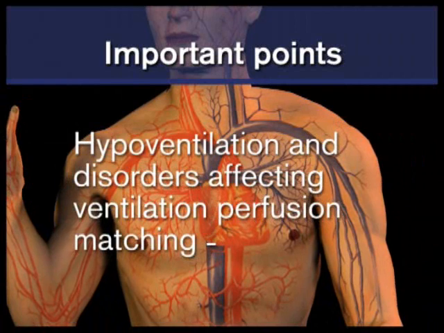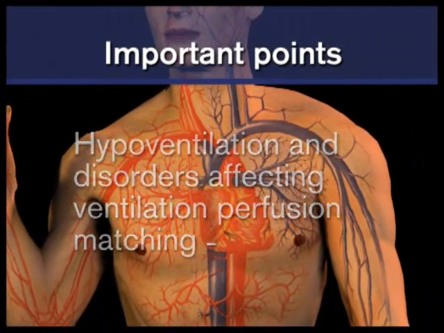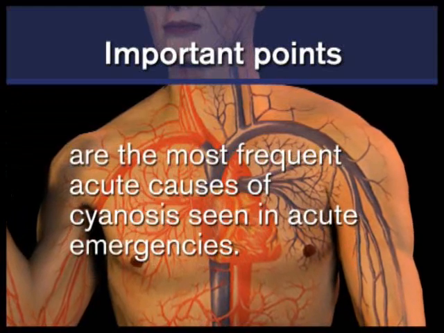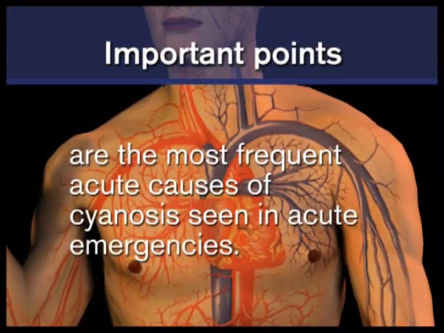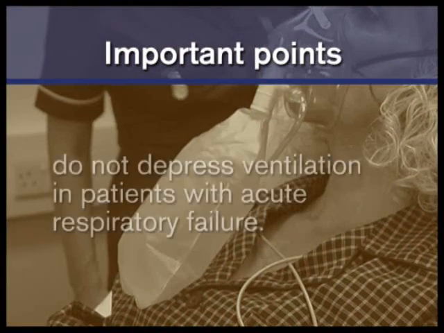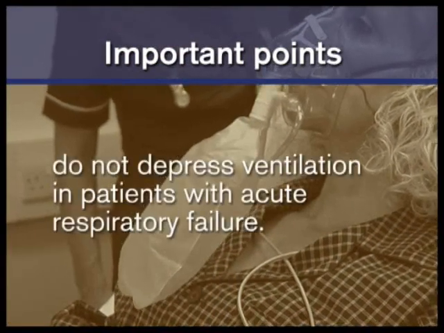Hyperventilation and disorders affecting ventilation-perfusion matching are the most frequent acute causes of cyanosis seen in acute emergencies. High concentrations of inspired oxygen do not depress ventilation in patients with acute respiratory failure.